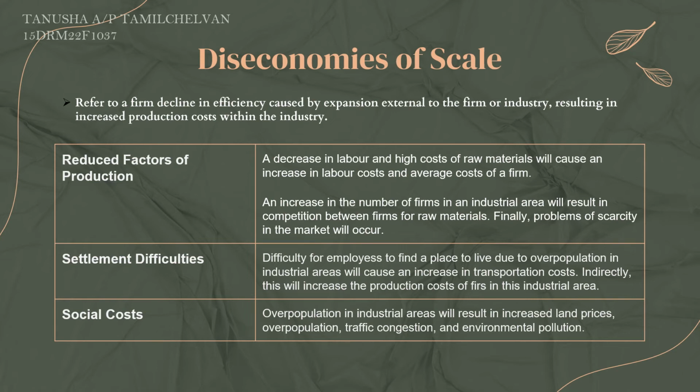Indirectly, this will increase the production costs of firms in the industrial area. Thirdly, social costs. Overpopulation in industrial areas will result in increased land prices, traffic congestion, and environmental pollution.